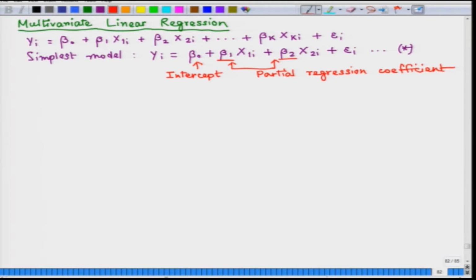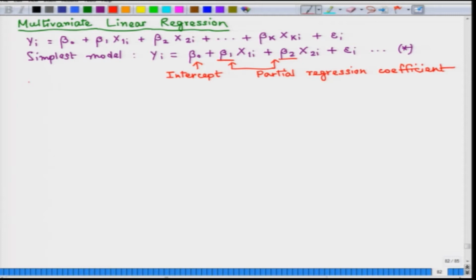So, what do we mean by partial regression coefficient? So, this term actually has some relation to calculus, where we take partial differentiation, right. So, these multivariate regression coefficients actually are partial derivatives of this variable y i with respect to the corresponding explanatory variable.